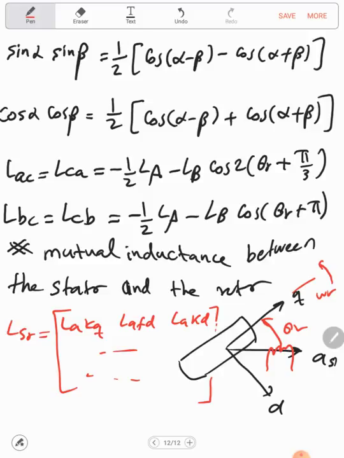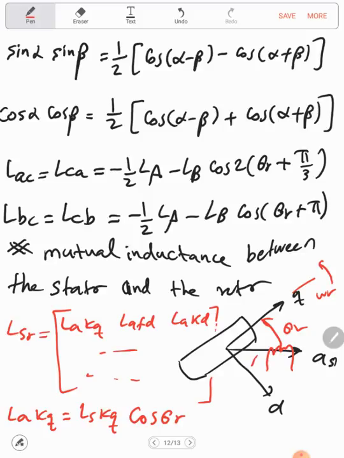Simply here the angle between AS and QS is theta r. So this means that LAKQ will equal LSKQ, the mutual inductance between the stator and the rotor when the two phases are aligned to each other, multiplied by cosine of the angle in between, which is cosine theta r.